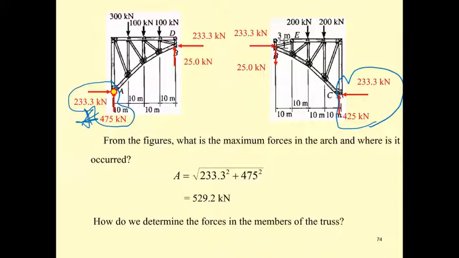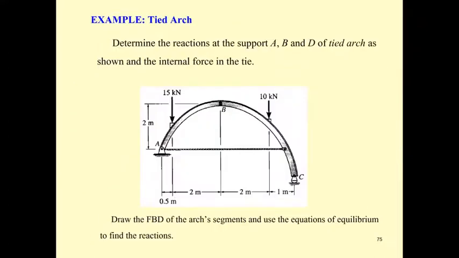Okay, and we come to our last example, which is for the tied arch. The tied arch has the supports A and C. A is the pin, and sorry, that's wrong. This is going to be the C. C is the roller, and then B is going to be the hinge here.